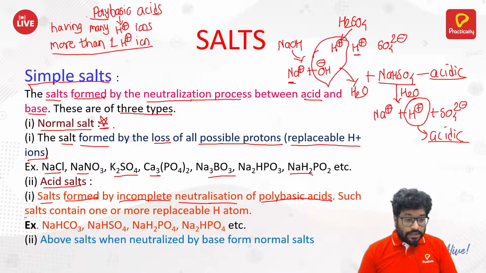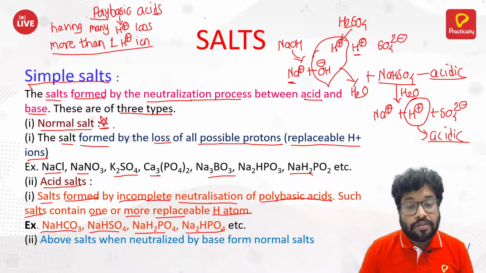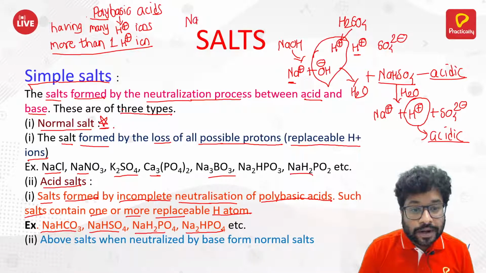Such salts contain one or more replaceable hydrogen atoms. For example, NaHCO3, NaHSO4, NaH2PO4, Na2HPO4. All of these compounds you will always find releasing at least one proton.